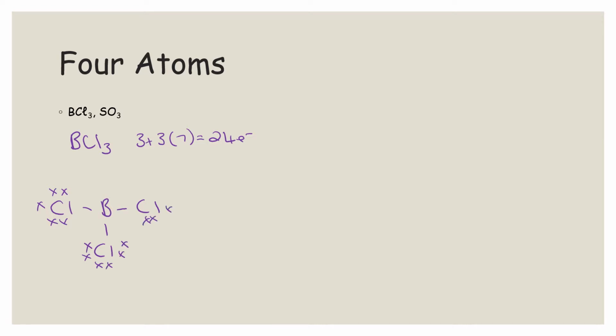Now in this particular case, boron only has 3 bonding pairs around it. And to arrange 3 bonding pairs as spread out as possible will give you a shape of triangular or trigonal planar. So it'll spread them like this.